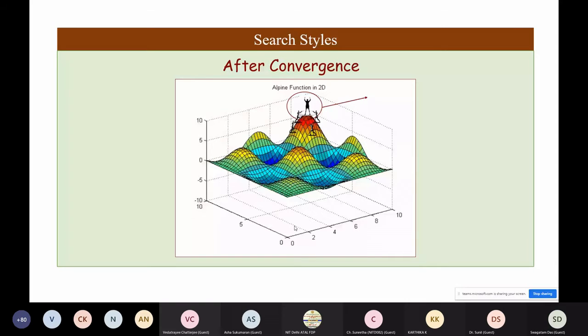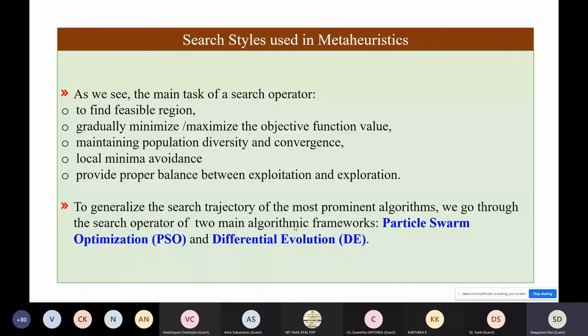Now, as we see, the main task of a search operator, every meta-heuristic algorithm comes with search operators. For example, in particle swarm optimization, I'm sure most of you are familiar with what particle swarm optimization is. So, for example, when it comes to PSO, the velocity update is basically a search mechanism.